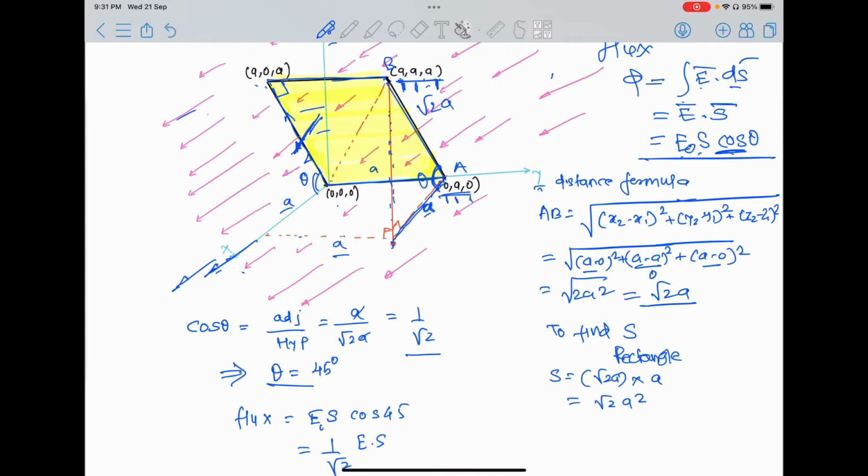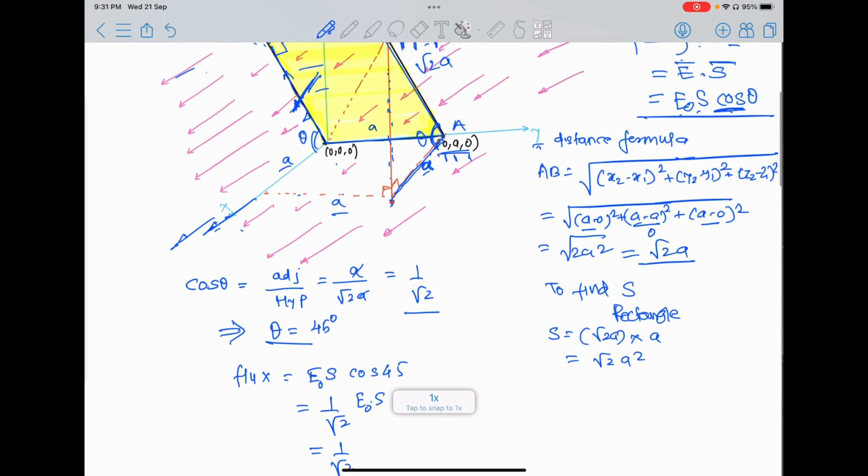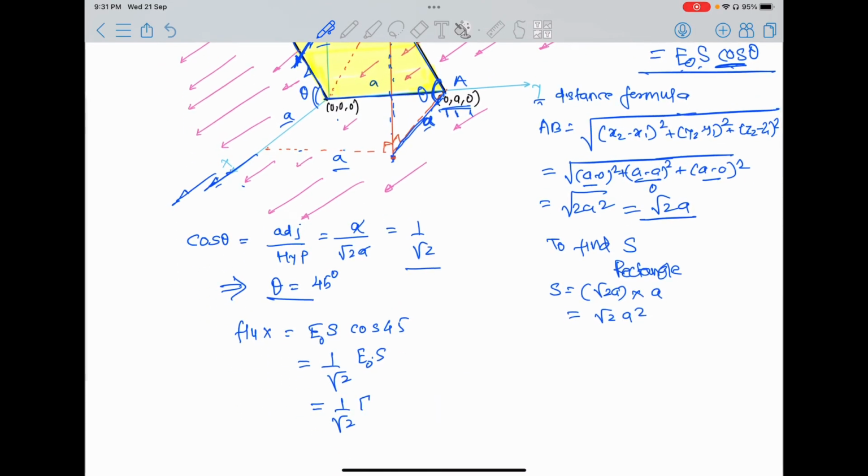So this E is nothing but E naught. So we have 1 upon root 2 E naught root 2 a square. Root 2 will get cancelled, and we will have E naught a square, the flux passing through this surface area. So this is the answer.